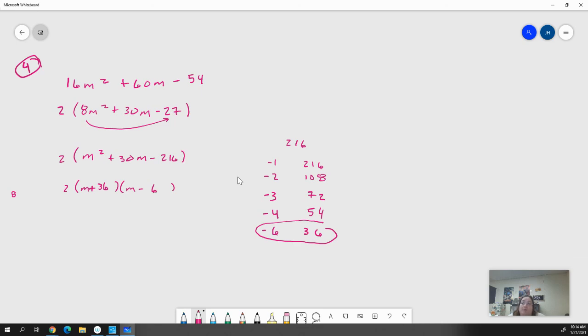What did I multiply times 27 to get that 216? Look up here. I appreciate you taking some guesses. But what did I multiply by? I multiplied 8 times negative 27 to get it. So I have to divide out the same thing. I have to divide by 8.